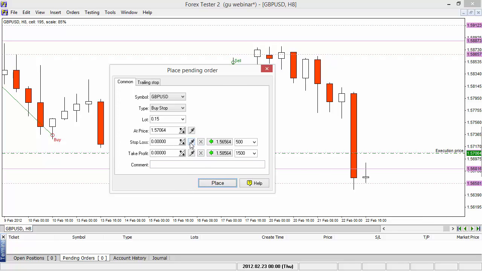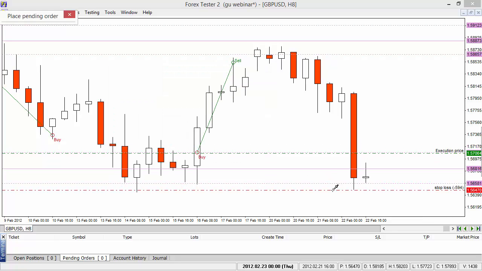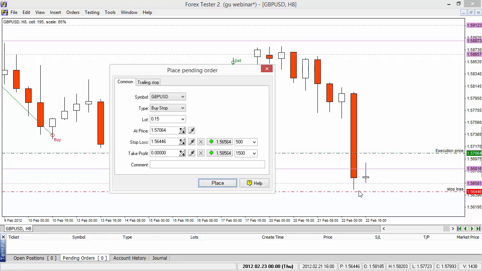So let's look at the numbers and just make sure that it's a viable setup. I want my stop loss here. So that's a 60 pip stop loss. Now, why do I want my stop loss here? It's similar to the other trade. Price has pushed down to here recently. So if I were to place my stop loss here, that candle could push down to here, take out my stop loss, and then continue up.